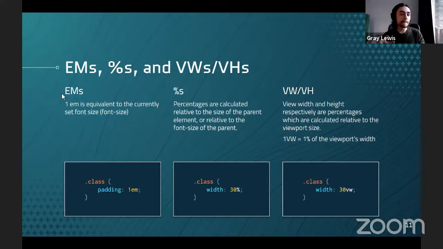And so there are a bunch of different units we can actually use for defining these values. I'm going to rush through that because I want to get to the demo, and this is a little bit beyond the scope of today's lesson, but I do want to give you just a bit of context.